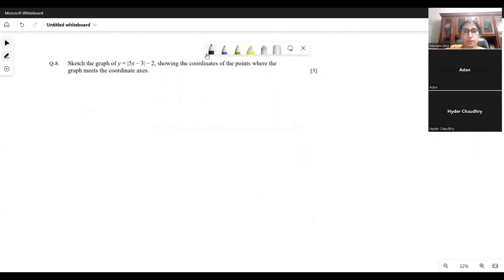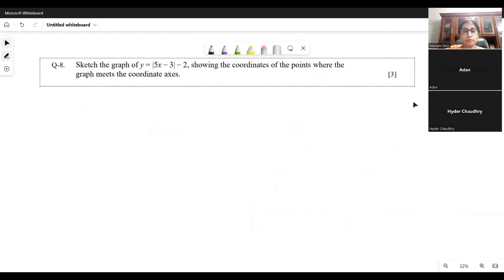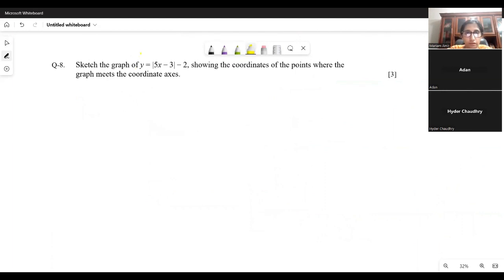Okay, question 8. Sketch y equals modulus 5x minus 3, minus 2. Okay, what transformation is taking place here? First, tell me the turning point of x. You equate the expression inside the modulus to 0.